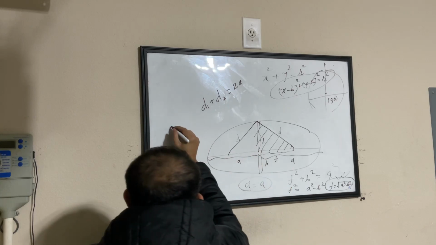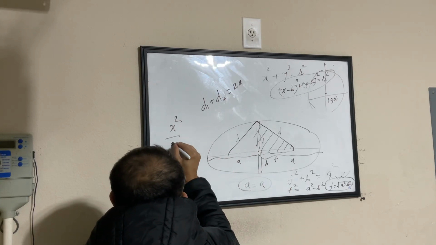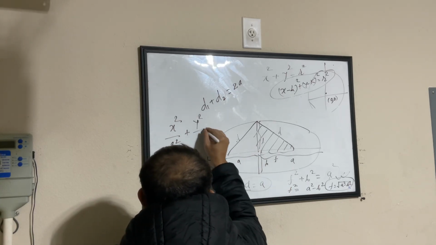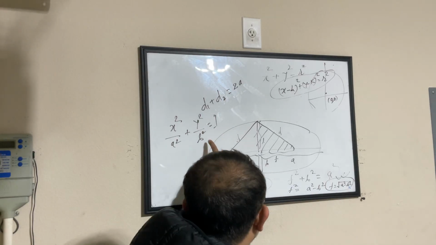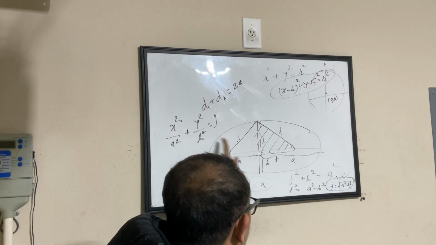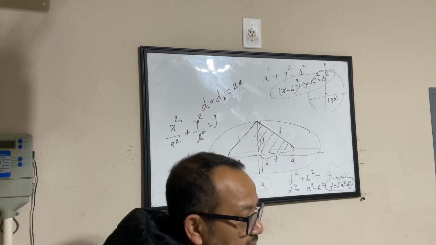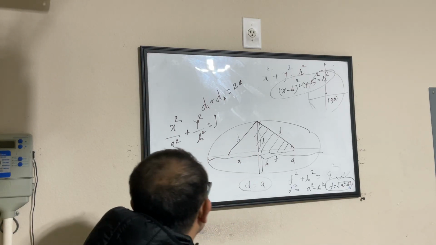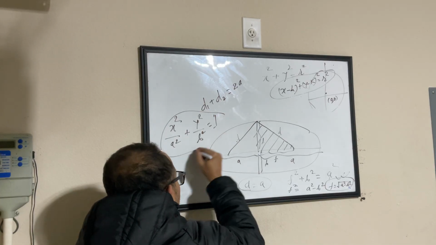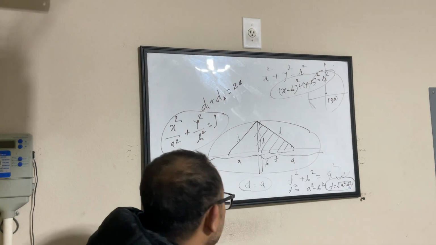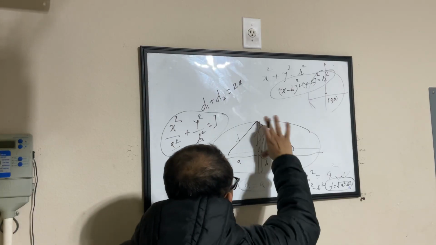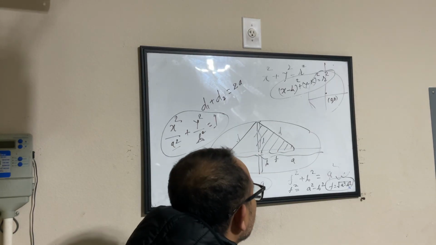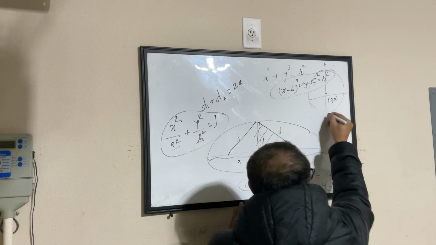Let's say x square by a square plus y square by b square equal to 1. If this is my equation for the ellipse, when the center of the ellipse is coinciding with the origin, I will treat this as the parent for the circle. Why? Because if my a and b become the same, meaning my horizontal radius and the vertical radius become the same, that is what gives birth to a circle.